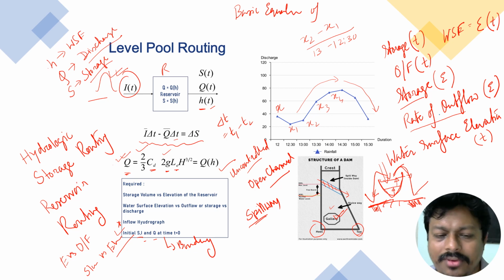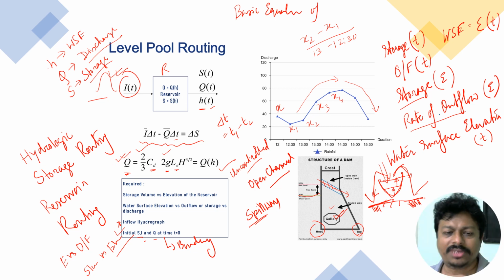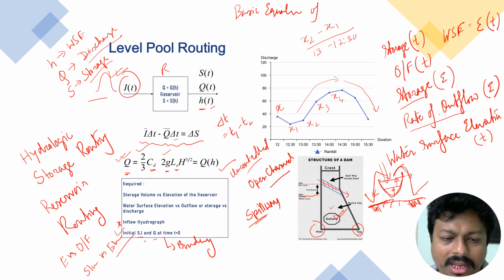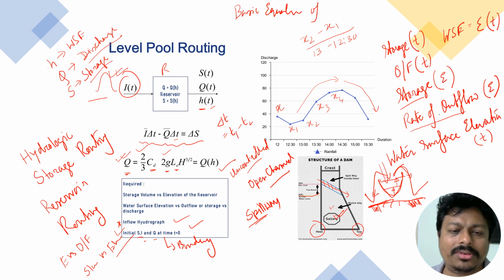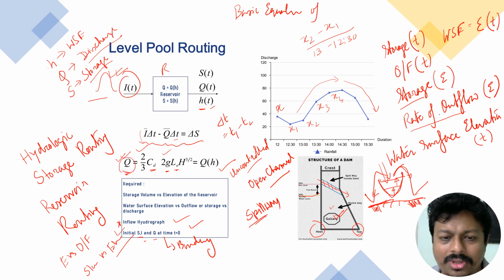Now there is a curve for that, storage volume versus elevation of the reservoir. So that is also required. Second is the water surface elevation versus outflow curve, or to be more precise, the storage versus discharge curve, correct? Of course, the inflow hydrograph is required, and also the initial values of storage, inflow, and Q at time t equal to 0, that is the initial conditions. That also is required to be provided.